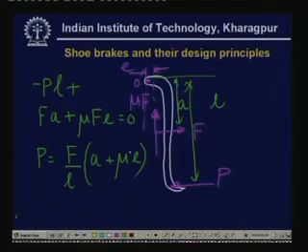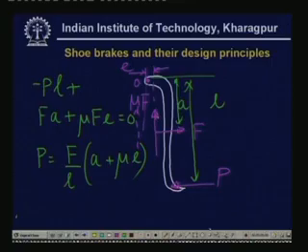We now see that this P is increased, because if E is taken in this direction, then P is increased by the factor A plus mu E by L. Now if we take E to be negative, then what happens? That is, consider the situation where this line is falling somewhere here.